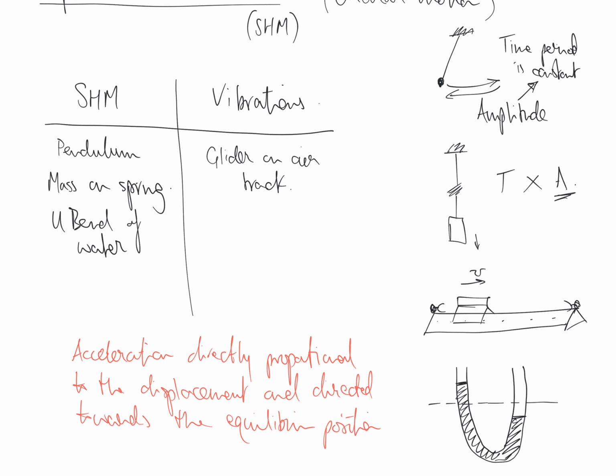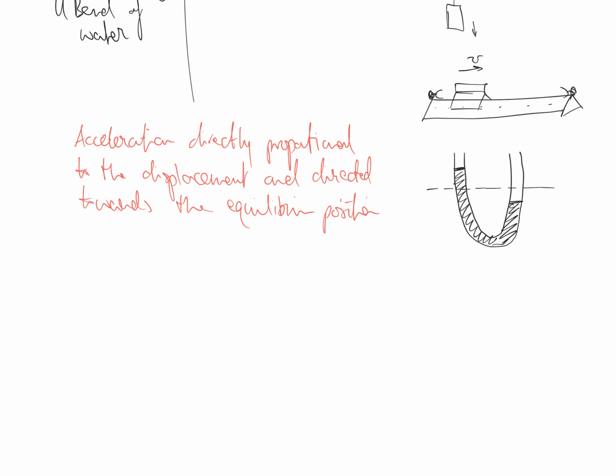In other words, if I was to write it mathematically, the acceleration is directly proportional to displacement and directed towards the equilibrium position. That is my definition for simple harmonic motion.